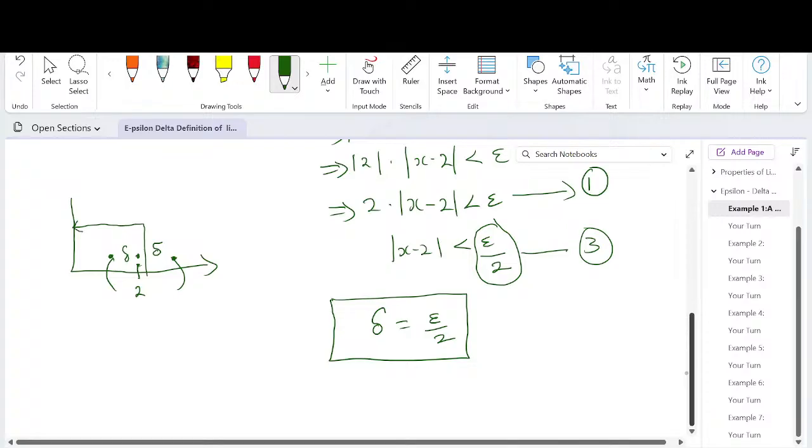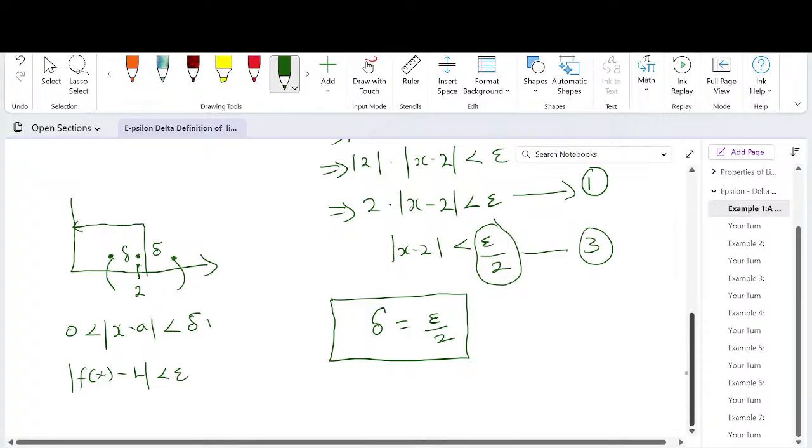That is what this statement is telling you: if 0 is less than the absolute value of x minus a, and it's within the delta region, it follows that the absolute value of f of x minus L must be less than epsilon.